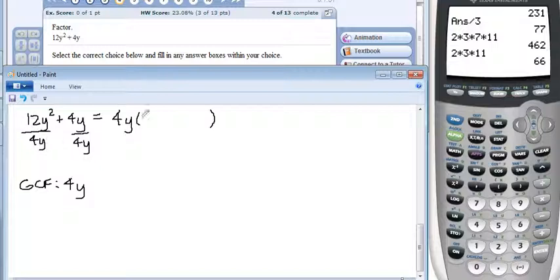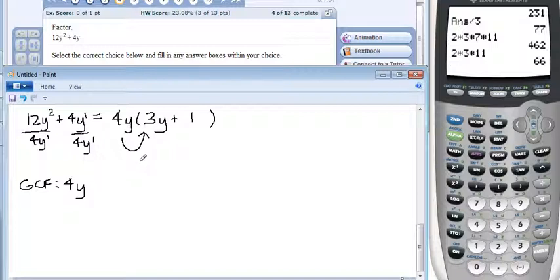So 12 divided by 4 is 3. Y squared divided by y to the first power is y. And a positive 4 divided by 4 is a positive 1. And y to the first divided by y to the first is 1, so I have nothing left there but a 1. Now I'm going to redistribute, remultiply to see if I've changed anything.